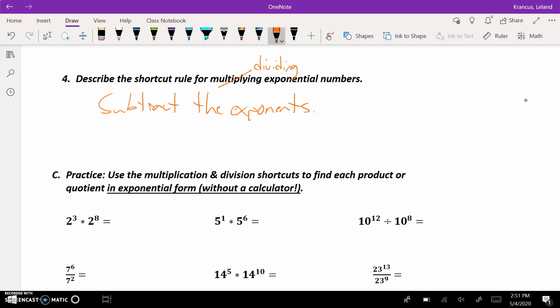We could write this symbolically. So if we have a base to an exponent, we divide by a number that's that same base to a different exponent, the quotient will be that base to the power of the difference between the exponents. So you subtract.